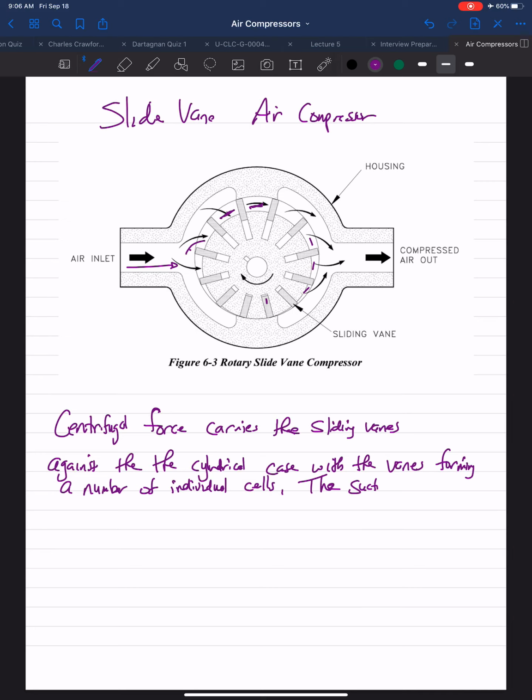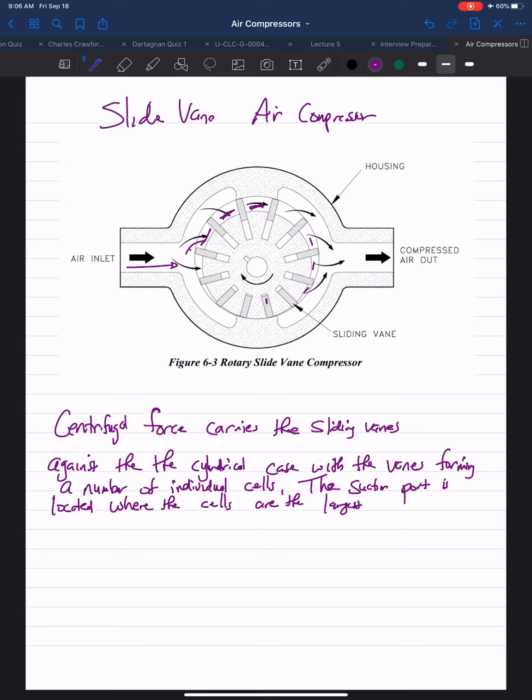The suction port is located where the cells are the largest.